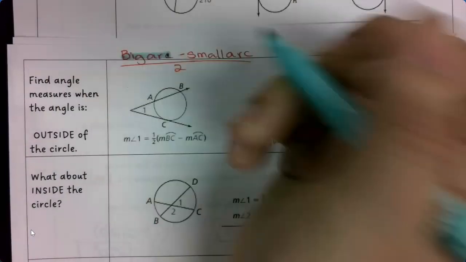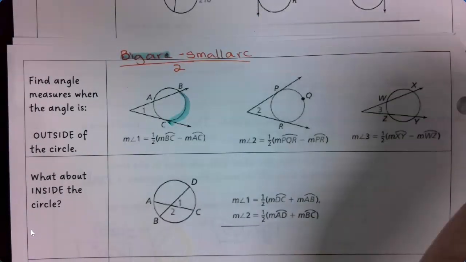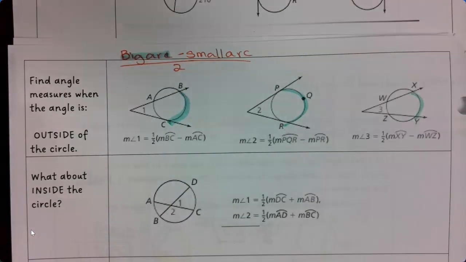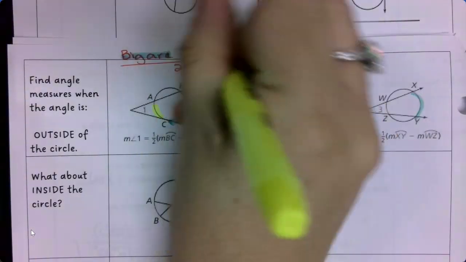So if I look at these, my big arc would be this one right here, this one right here, and this one right here. And then my small arc is going to be the one closest to the angle.